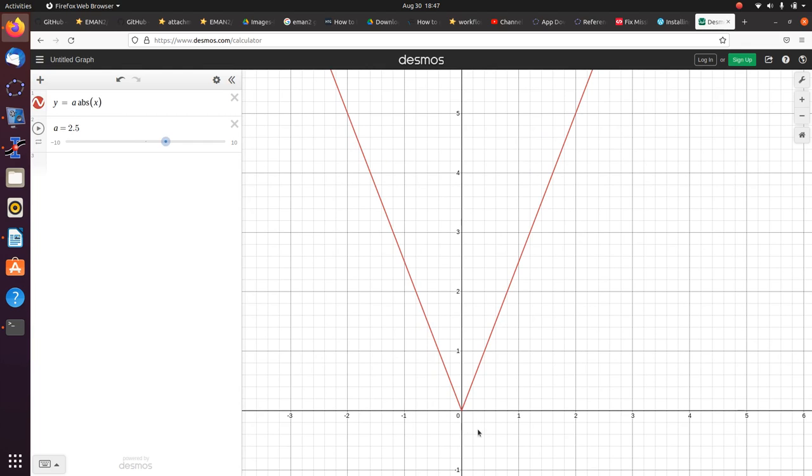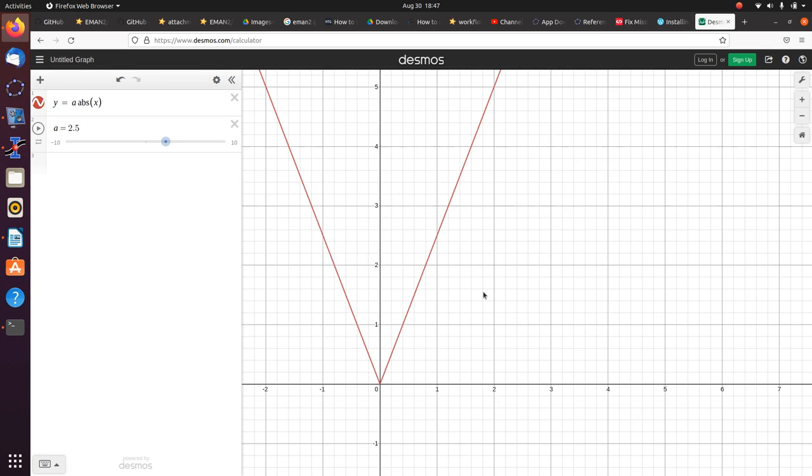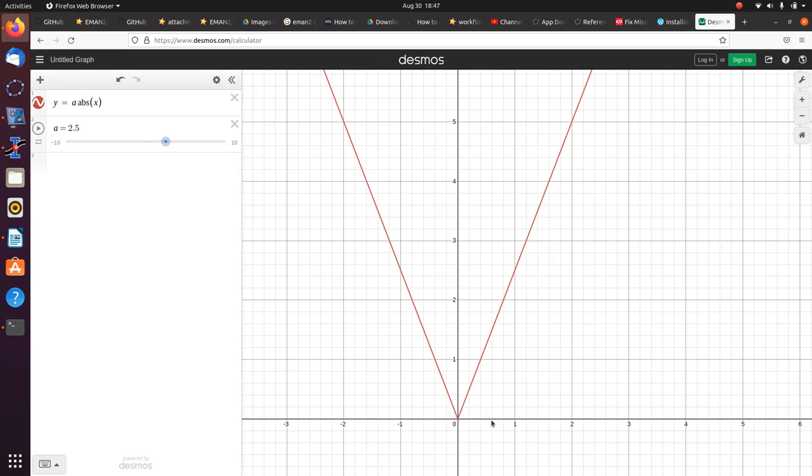Remember that absolute value takes a negative value and makes it positive. So if you have -1, then the absolute value of -1 is +1. Okay, so this is a very sharp change in behavior at 0.